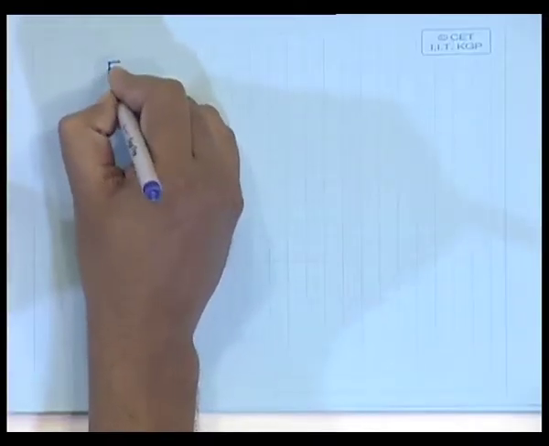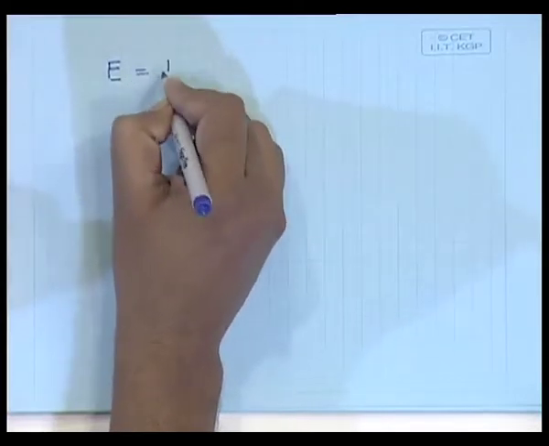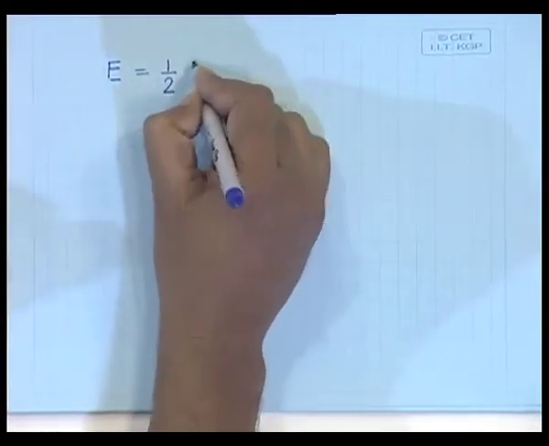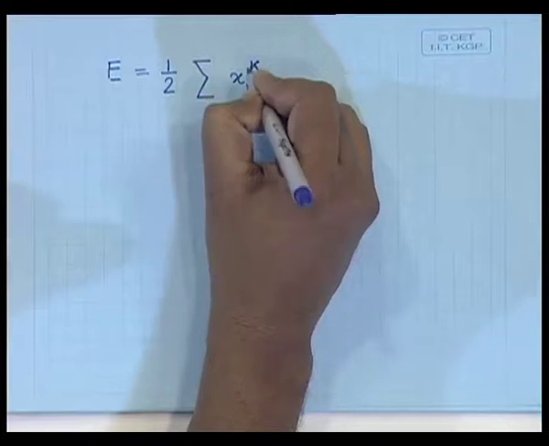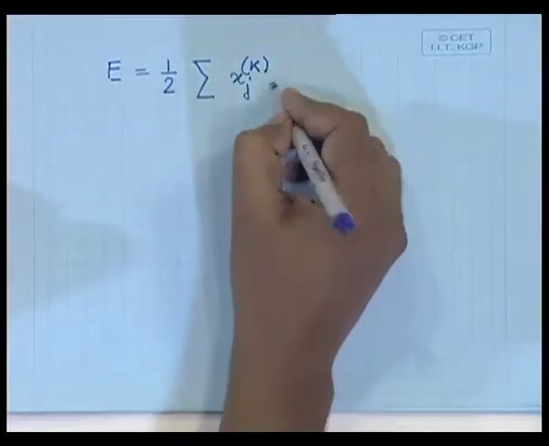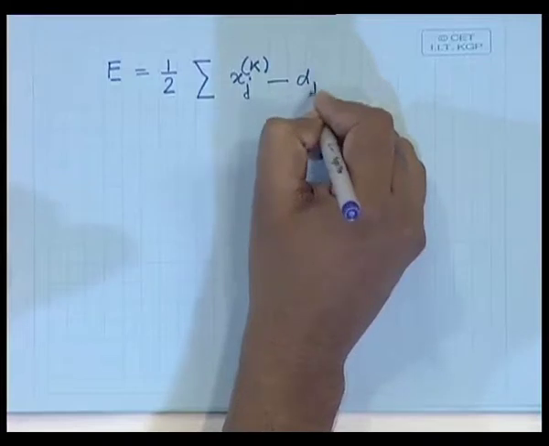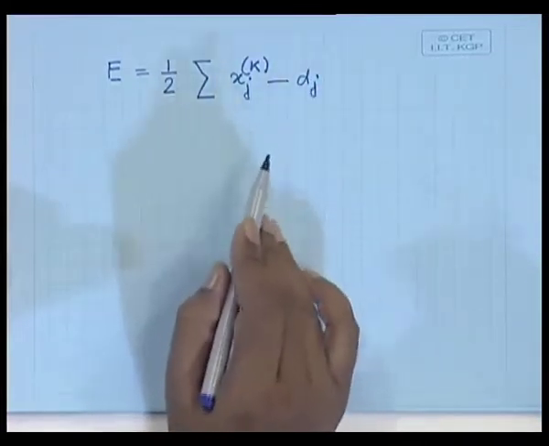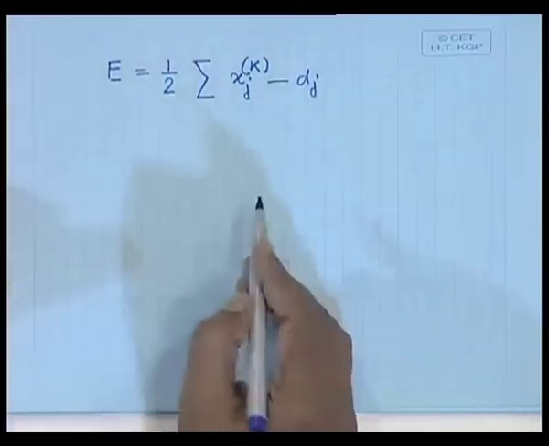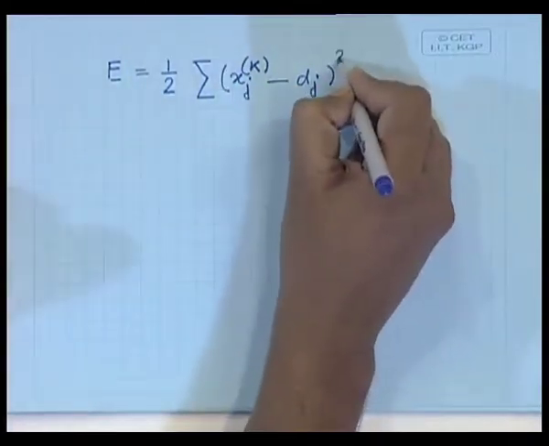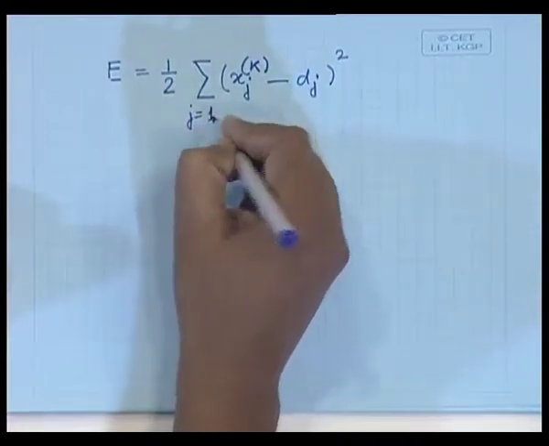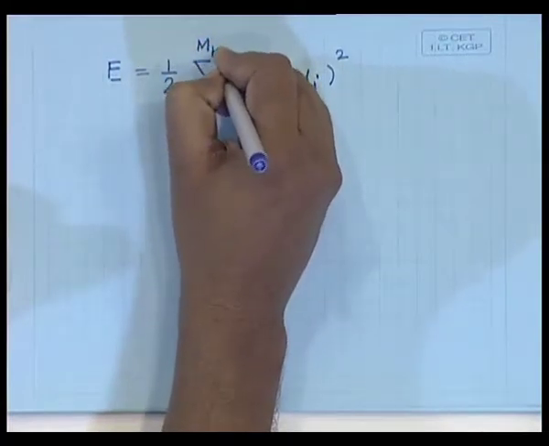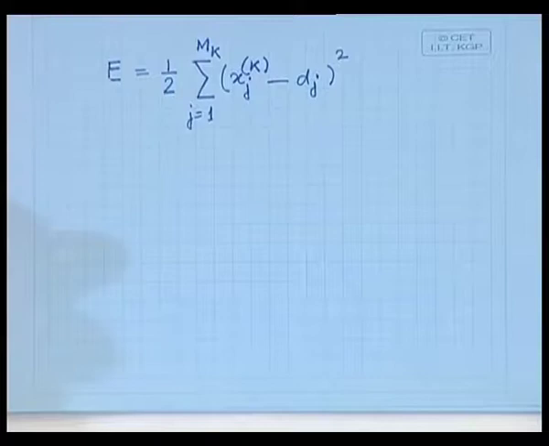Given that, the sum of squared error is defined to be E equals half times the sum of x j K minus d j, where K is the output layer, and d j is the target output, the expected output of the jth node in the Kth layer, take the square of this, where j varies from 1 to m K, and m K is the number of nodes in the Kth layer.